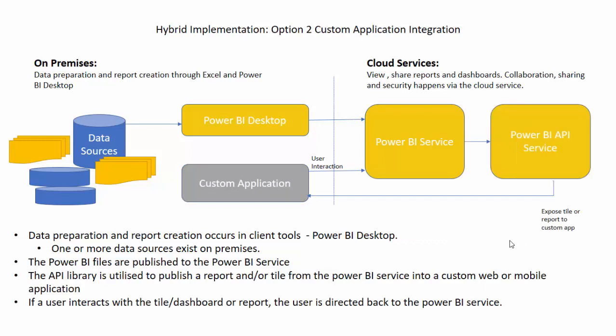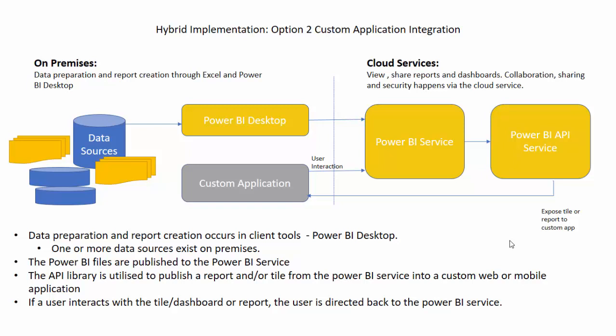The second option is that we use Power BI Desktop. We connect to multiple data sources, cloud or on-prem, and then we publish the report to the Power BI service. Now from the Power BI service, we use the Power BI API to create iframes. You could say it is just like a frame or code which is given to a custom application.